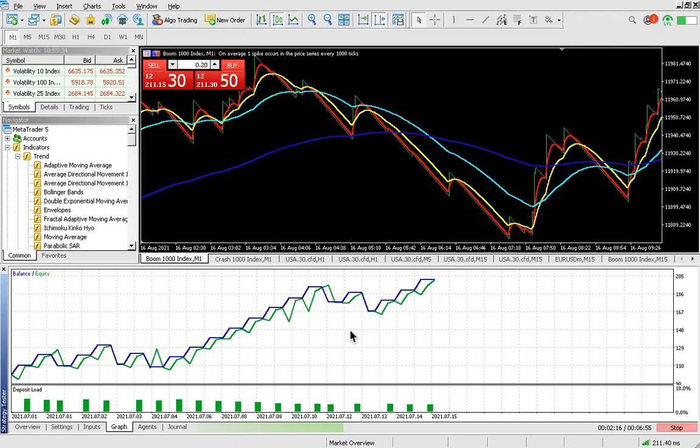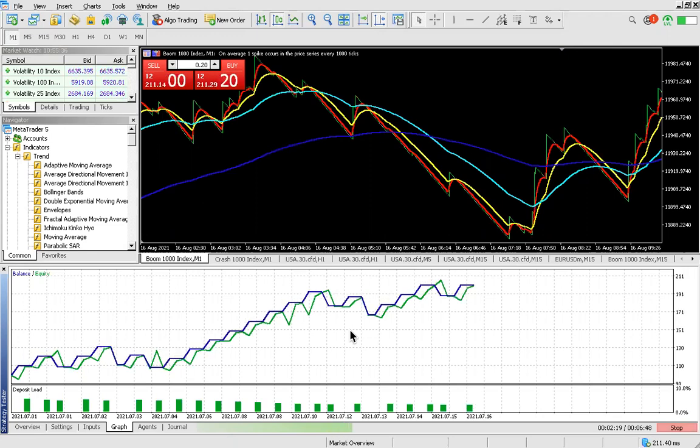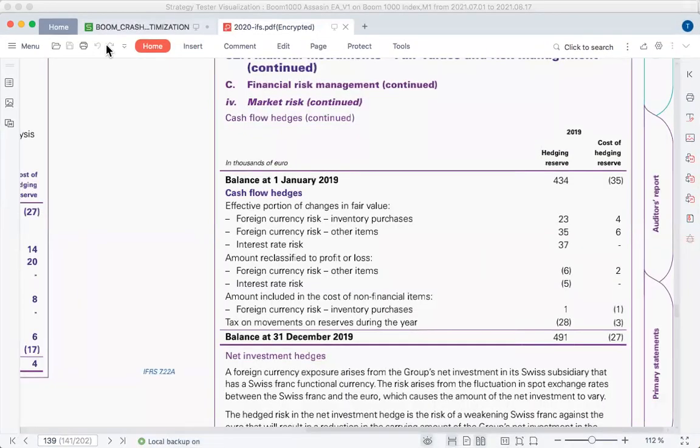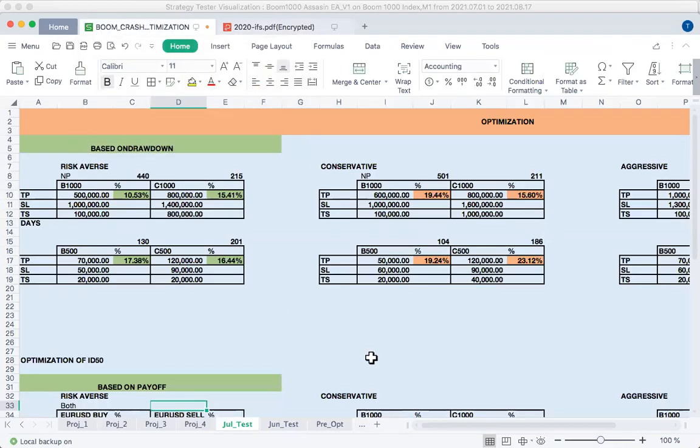Let me show you this as well. So I optimized these EAs such that, depending on your style of trading, if you want a very small drawdown, or you want the maximum loss that you're willing to take on a trade to be very, very low, these are the inputs that you put there: the take profit, the stop loss, and the trailing stop.